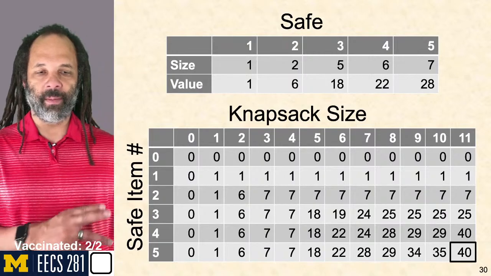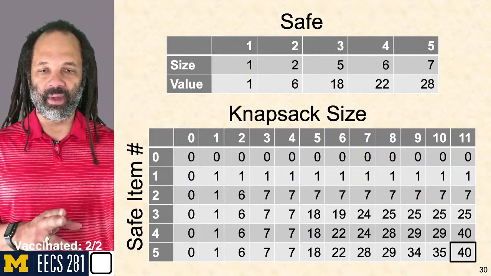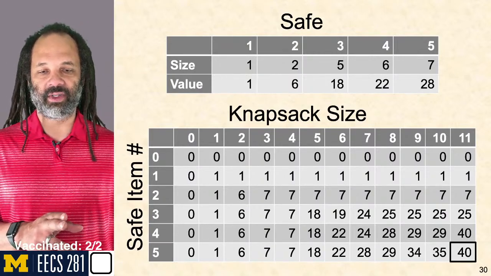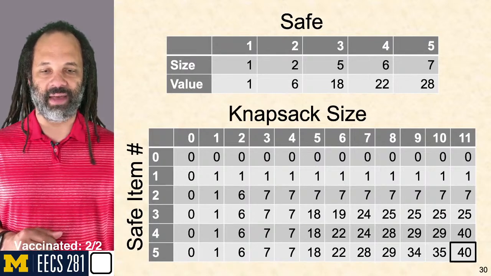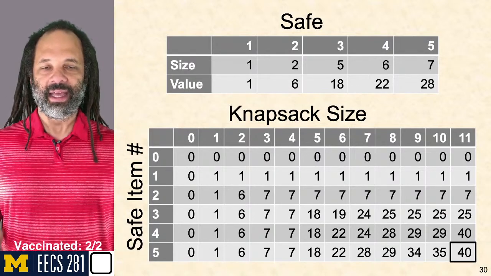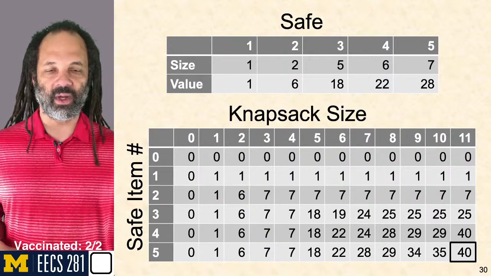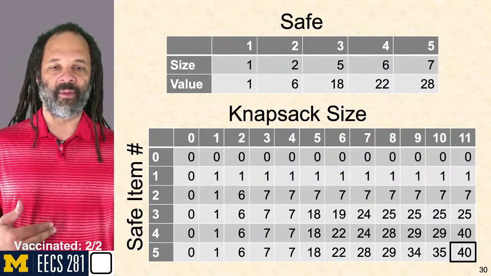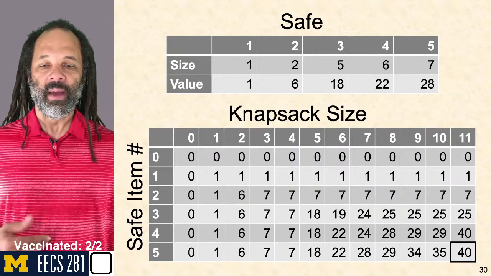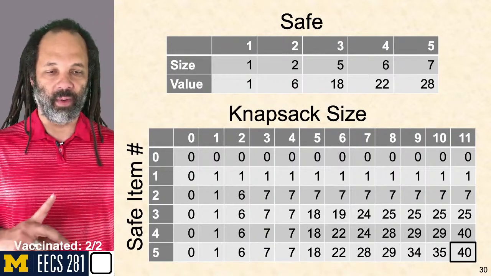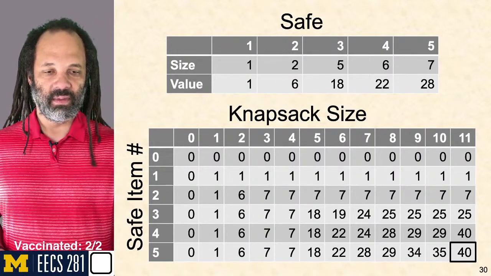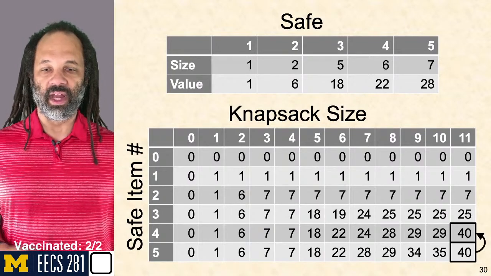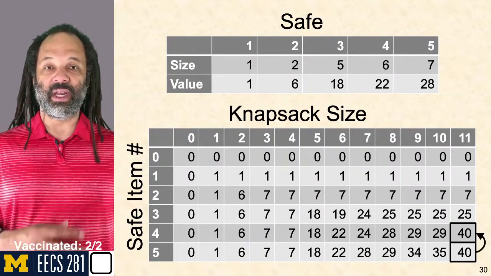So if we jump back to 4, because that number 5 item is size 7, we jump back to 4 in this row, we see its value is 7, and that 7 plus 28 is not the 40 that we're looking at. So the 40 didn't come from adding the 28 item. The 40 must have come from the row above, which means that the number 5 item is not included in our optimal solution.